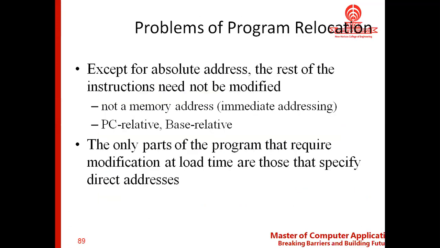Now, what is the problem of program relocation? It tells you that the only parts of the program that require modification at the time of loading the program are those that specify a direct address.